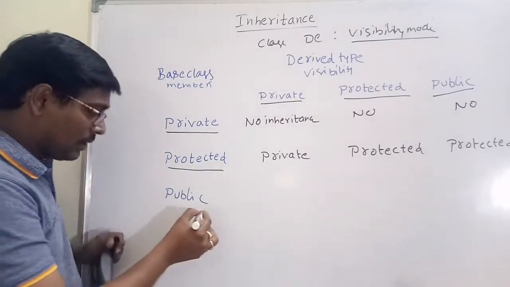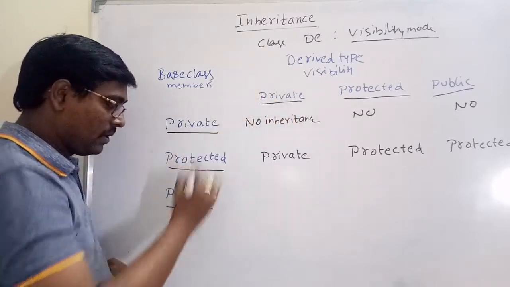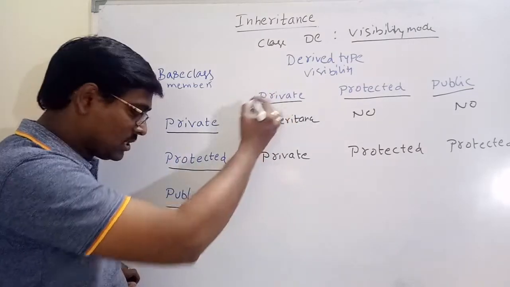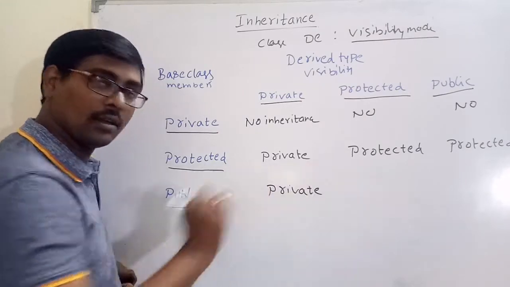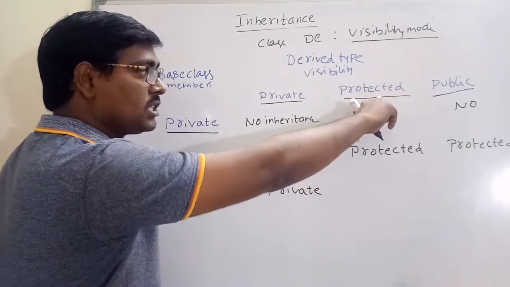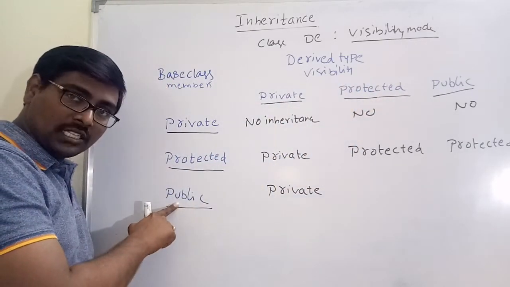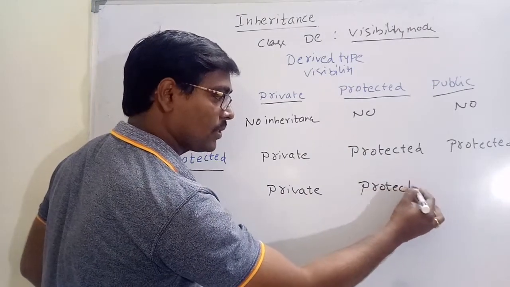Now, if the member is public and the visibility mode is private, then automatically it is private. If the visibility mode is protected and the member is public, it is protected.